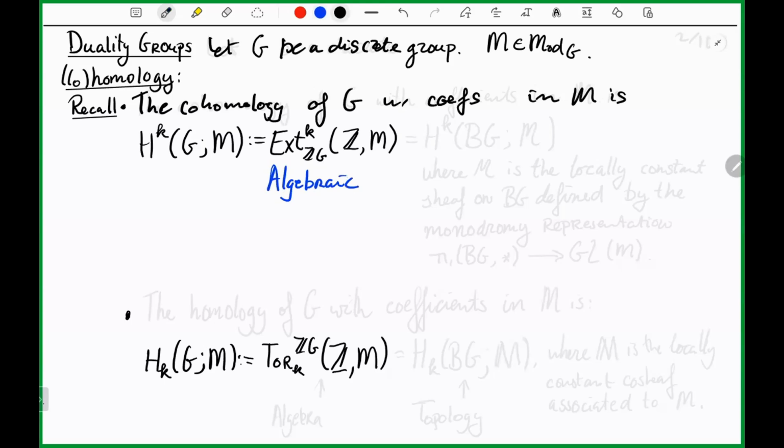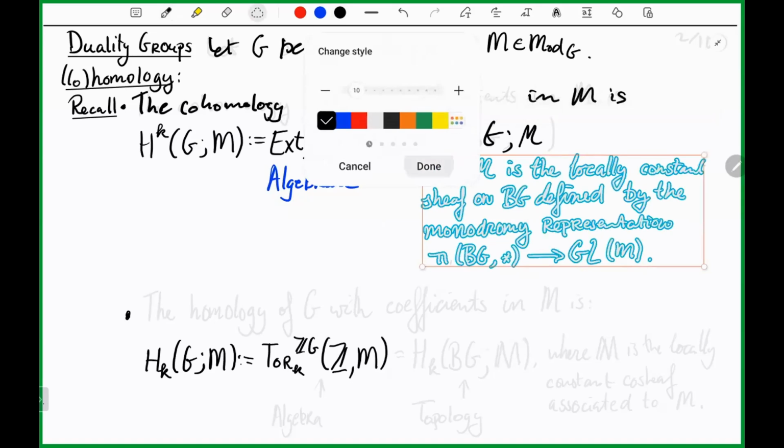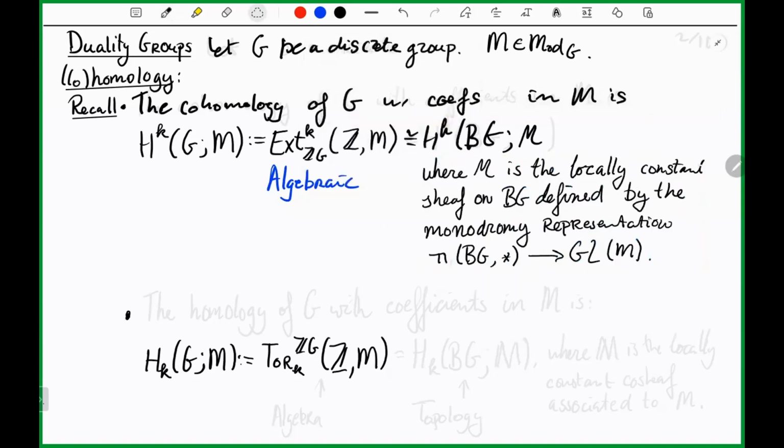There's a topological counterpart to this, the cohomology of the classifying space BG with coefficients in curly N, where curly N is a locally constant sheaf on BG that you can build by realizing that locally constant sheaves are the same as representations of the fundamental group.